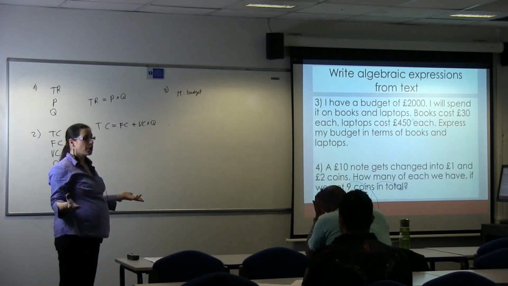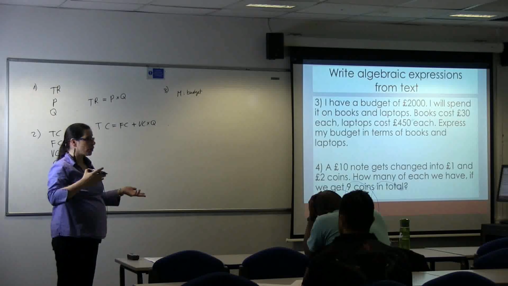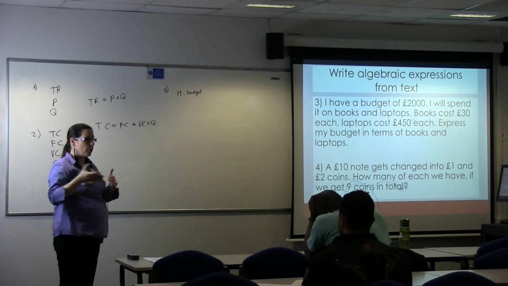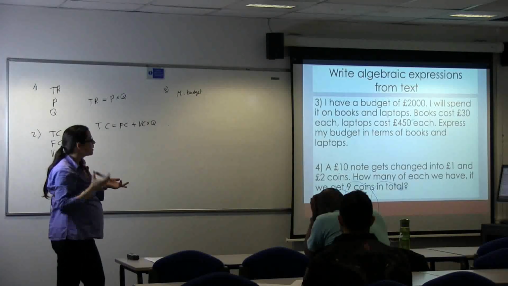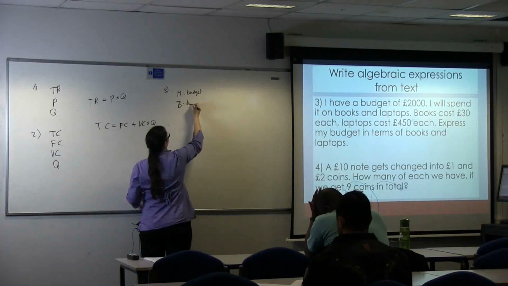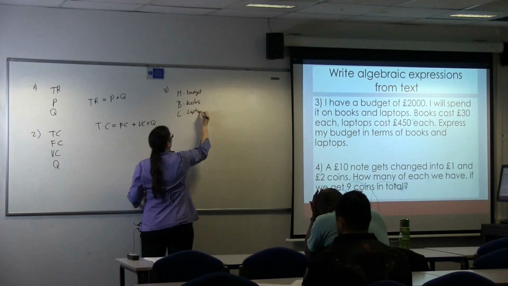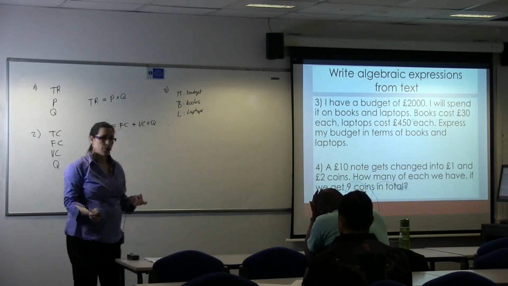Now, I have got a choice what I want to name them. I can use quantity 1, quantity 2, because that would be the number of books and the number of laptops, if I wanted to. However, I think in this specific case, I will choose B for books and L for laptops, because that way it's easier for me to remember which one's which.